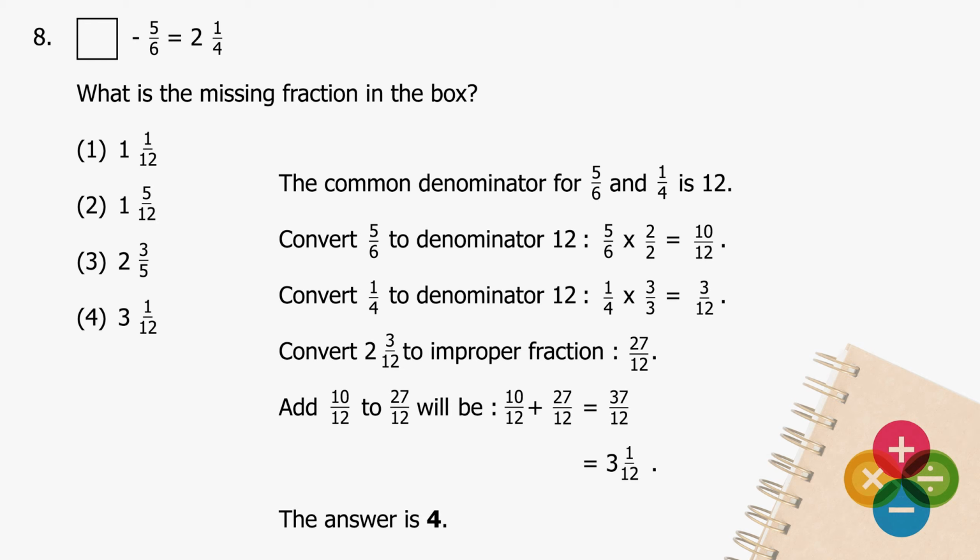Convert 1/4 to denominator 12 will be, multiply 1/4 by 3, and the product is 3/12. Convert 2 3/12 to improper fraction will be 27/12. Add 10/12 to 27/12, and the sum is 37/12. Convert 37/12 to mixed number will be 3 1/12. The answer is 4.